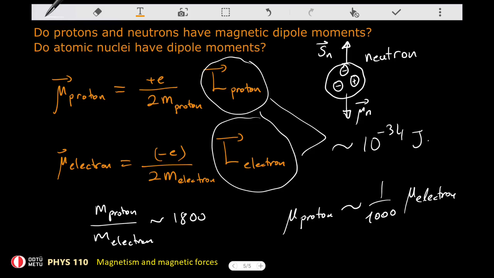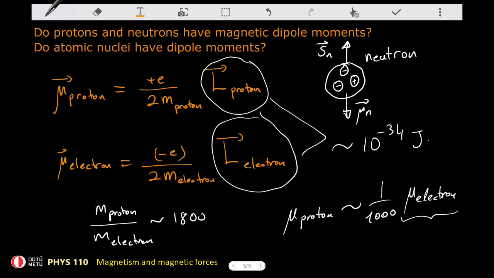So when you're talking about a magnet, for example, you can safely ignore the magnetic dipole moments of the protons. They don't have any effect at all on the magnetic properties of magnets. So when we talk about magnets, their magnetism actually comes from the electrons.